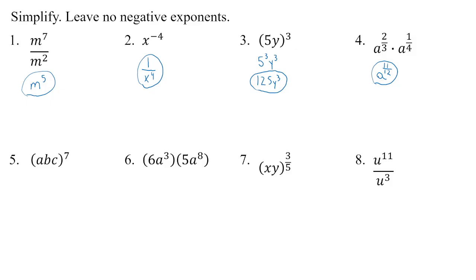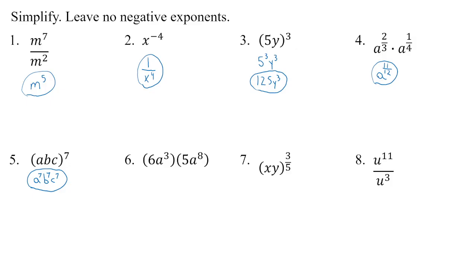Number 5, we have a product raised to the 7th power. Therefore, everything in that parentheses will be raised to the 7th power. Therefore, a will be raised to the 7th power. B will be raised to the 7th power. And C will be raised to the 7th power. Therefore, the solution is a to the 7th times b to the 7th times c to the 7th.